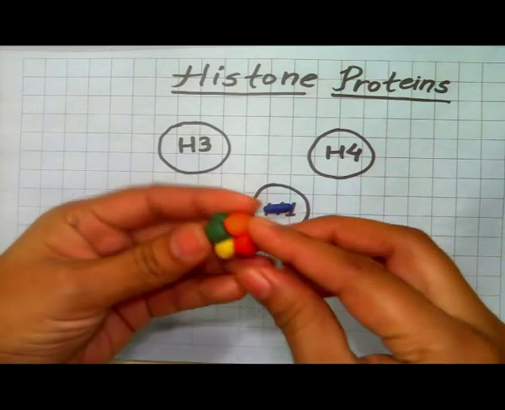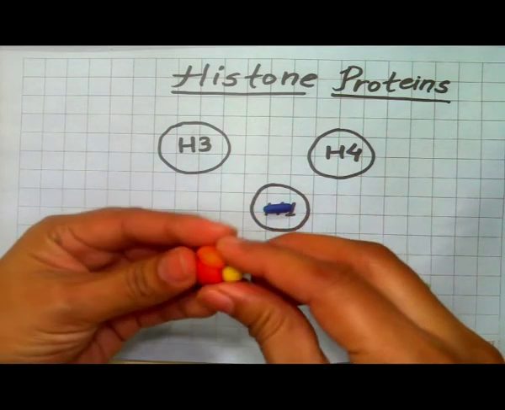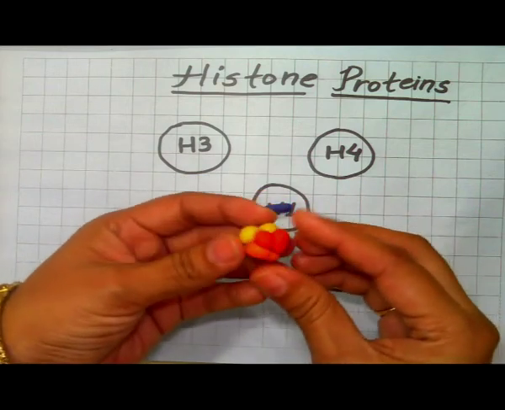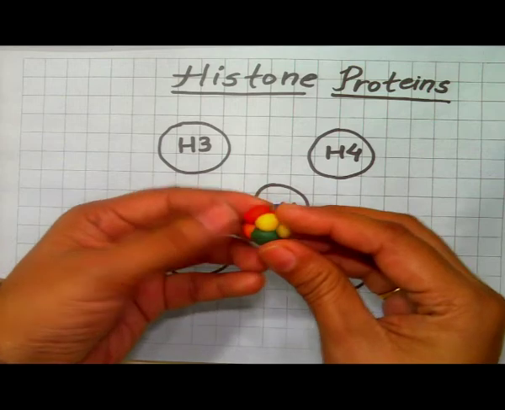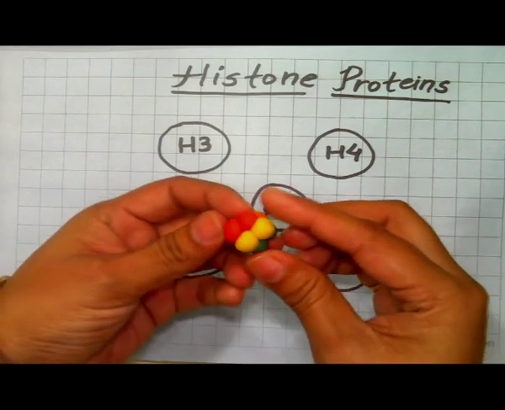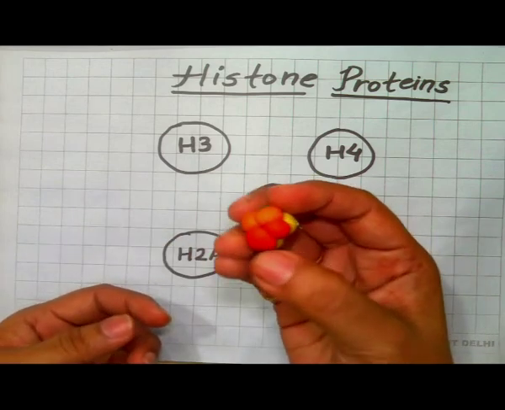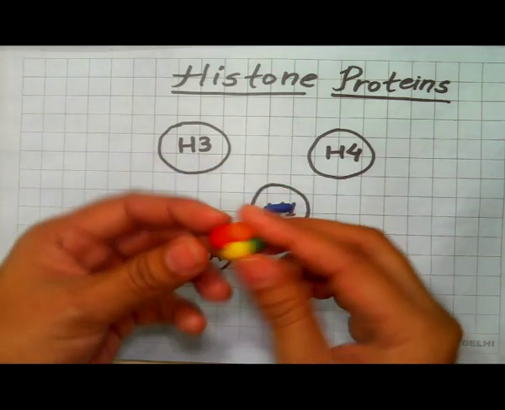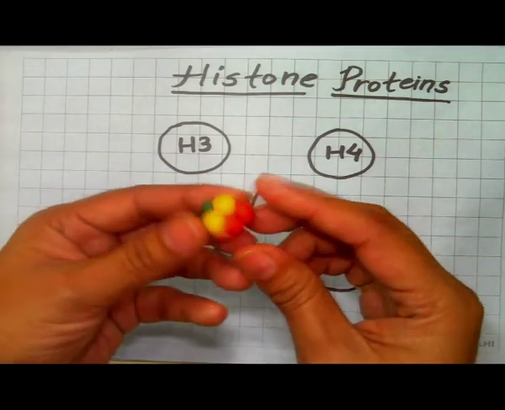You can see two molecules each of H3, H4, H2A, H2B combine together to form the histone octamer. Let us consider this as a histone octamer having two molecules each of H3, H4, H2A and H2B.